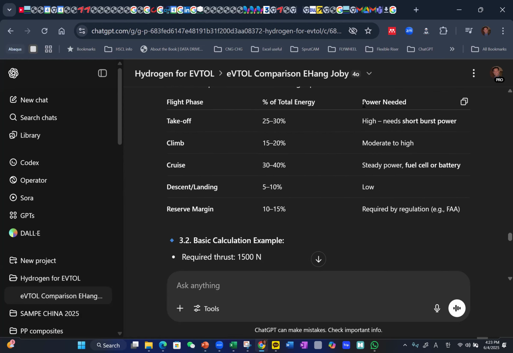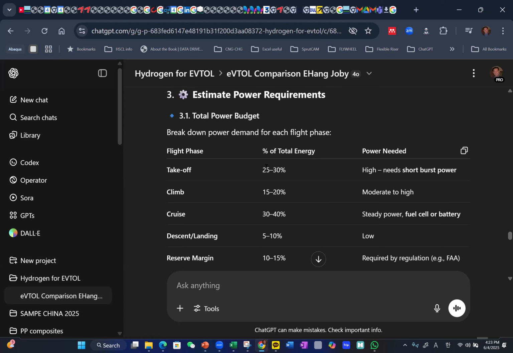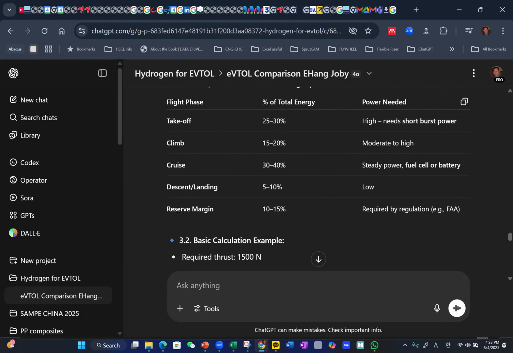Energy and power, we need to define this percentage of each flight phase: takeoff in terms of percentage of total energy, and climbing and cruise and descent and landing and reserve margin.